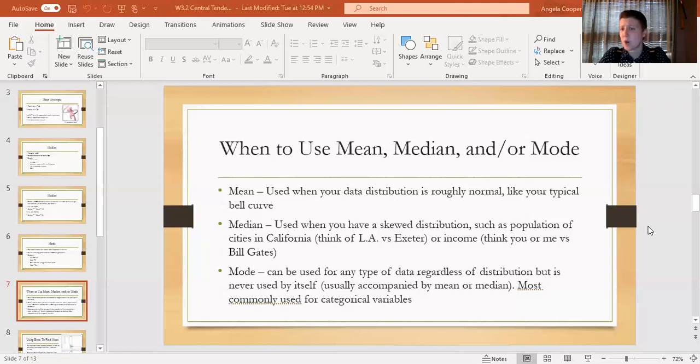And then finally, with mode, this can be used with any type of data. Like I said before, it can be used with quantitative data, with numbers. However, it's not really common to say we gave this survey to people, a happiness scale, and we averaged it to find everyone's depression score for themselves.